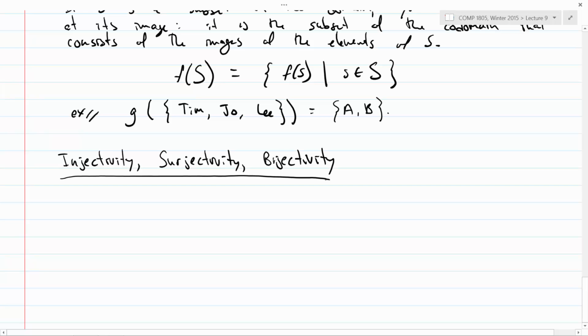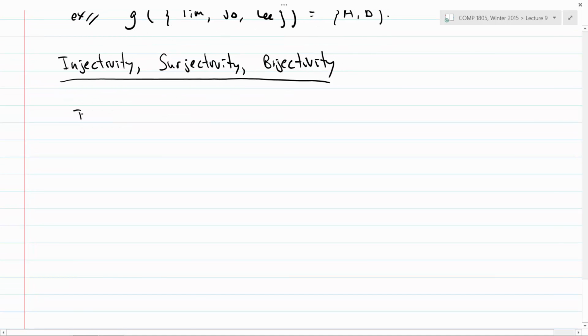And this gets back to the earlier observation we made, and that was we had this grades function, and we noticed two people got an A, and nobody got an F. So that's really what this leads towards. There's two ideas of properties there. There's the fact that one output is the result of two inputs. That means something special. And there's also the fact that there's this one output that nothing led to. That is also another thing that's interesting. So let's focus on the first one.